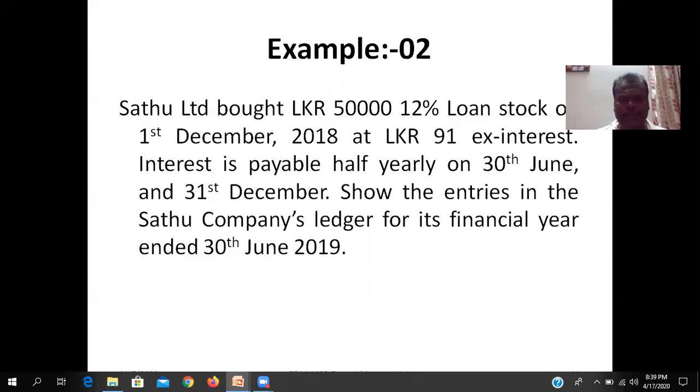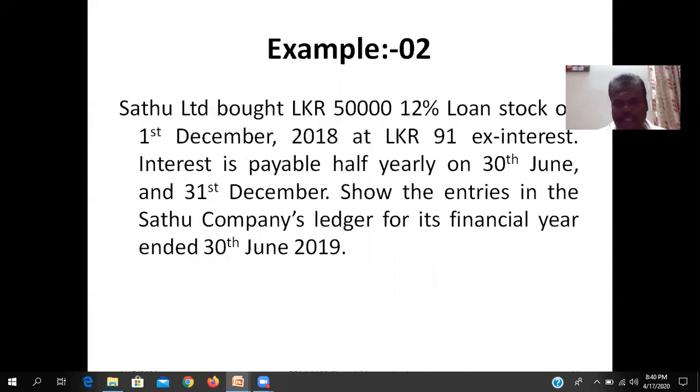With the example number 2, Sadhu Limited bought 50,000 12% loan stock on 1st December 2018 at 91 ex interest. Interest is payable half yearly on 30th June and 31st December.